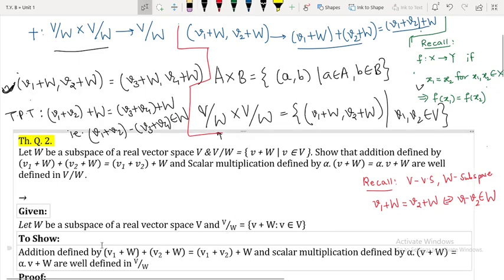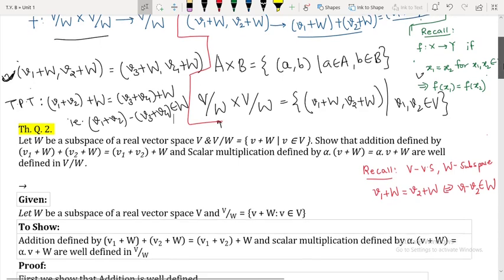So this is the given thing that I have written. First of all, let W be a subspace of a real vector space V, and this is our set V mod W. So we have to show that addition and scalar multiplication defined in this way are well defined, okay?